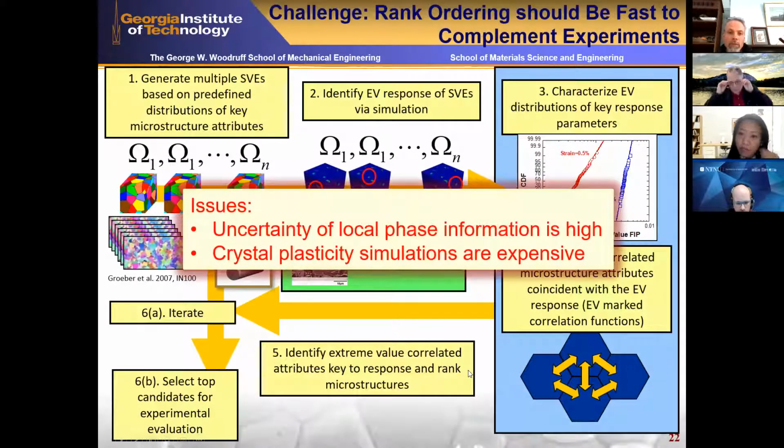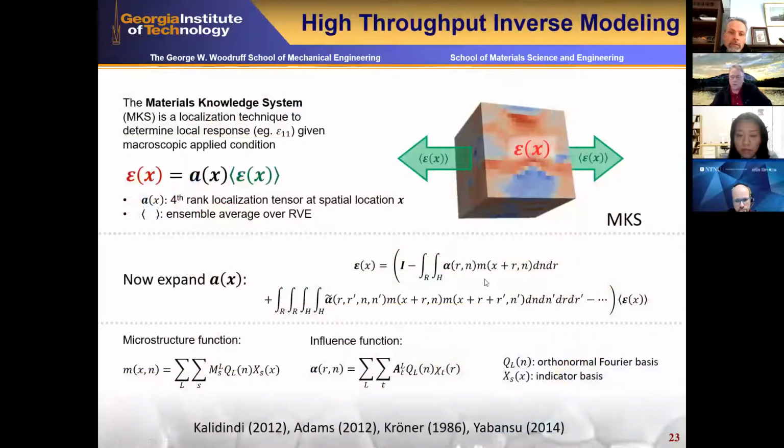Now, one of the weaknesses, I would say, of this kind of an approach is that it's very computationally intensive, and there's uncertainty in the local phase information in the models, and the crystal plasticity simulations are expensive. So we've extended the approach recently, the last 3 or 4 years, using Kroner's localization approach.